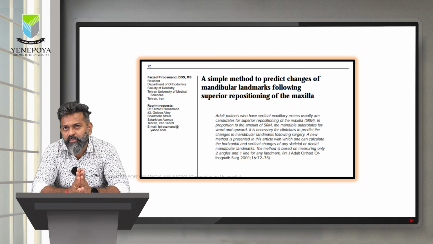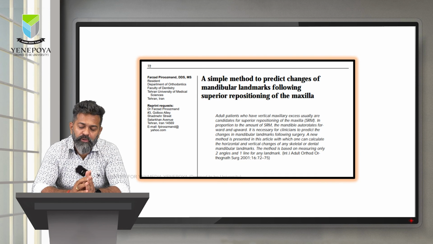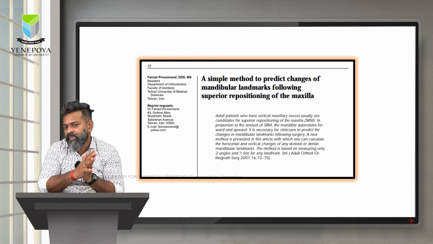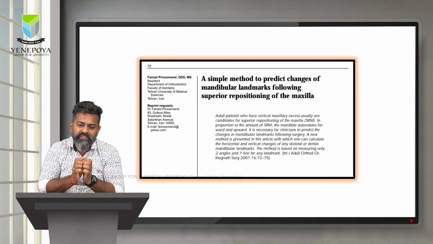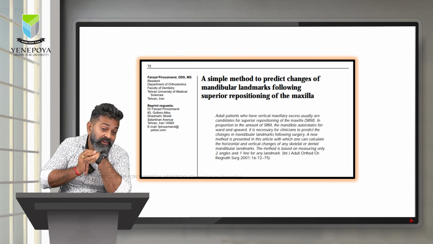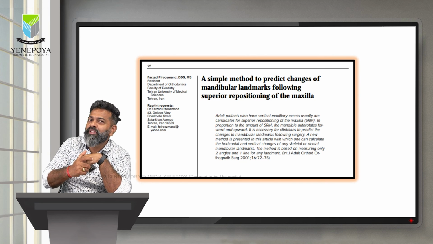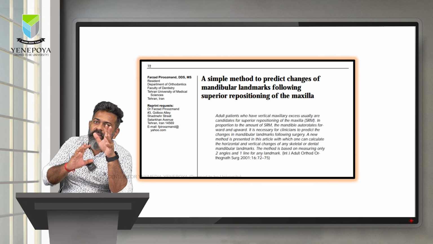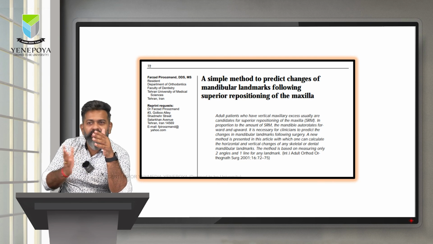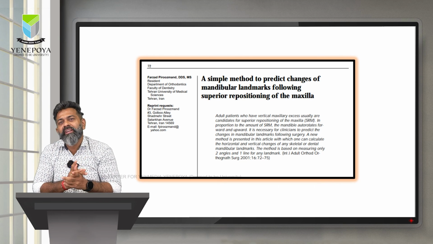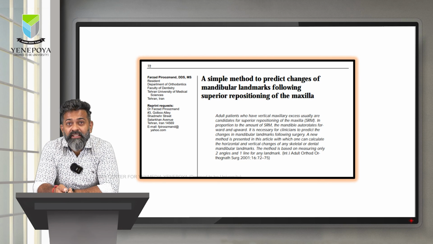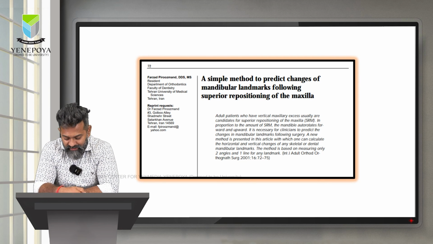He has given a beautiful idea about how to calculate auto rotation, because when we are on the verge of surgically impacting the maxilla, if we have planned for surgical impaction of maxilla without an idea about auto rotation, then we will be in a soup. So this gentleman has given us a beautiful calculation of how to calculate auto rotation. Keeping auto rotation in mind, we have to impact the maxilla and do our orthodontic mechanics. That is the reason we have mentioned that article in our presentation.